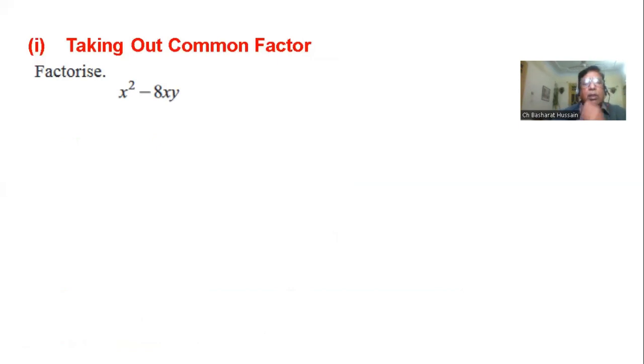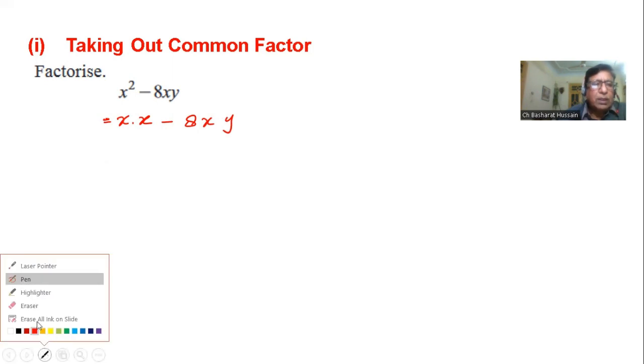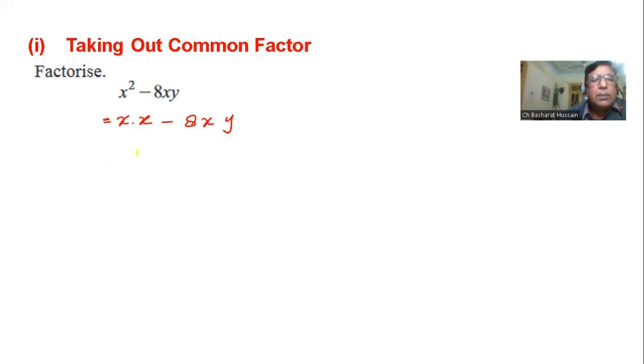Okay, now let's see. First is taking out common factor. Taking out common factor means we look for the common factor. Which is the common factor? x square means there are two x in this, x into x, minus 8x and y. Now you see which factor is common in these.